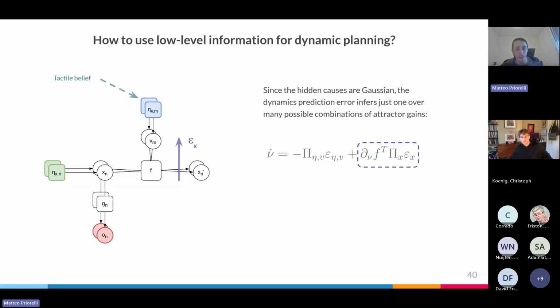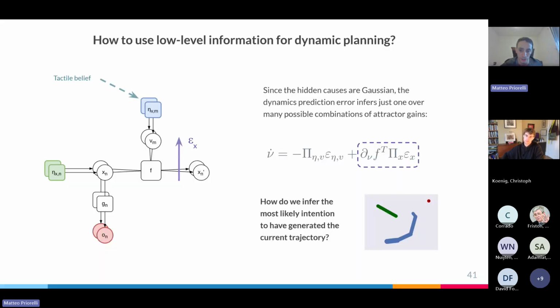So the problem here is that since the hidden causes are generated by Gaussian probability distributions, the dynamics prediction error flowing back can just infer one over many possible combinations of attractor gains. But what we really want here is to infer the most likely intention to have generated our current trajectory.